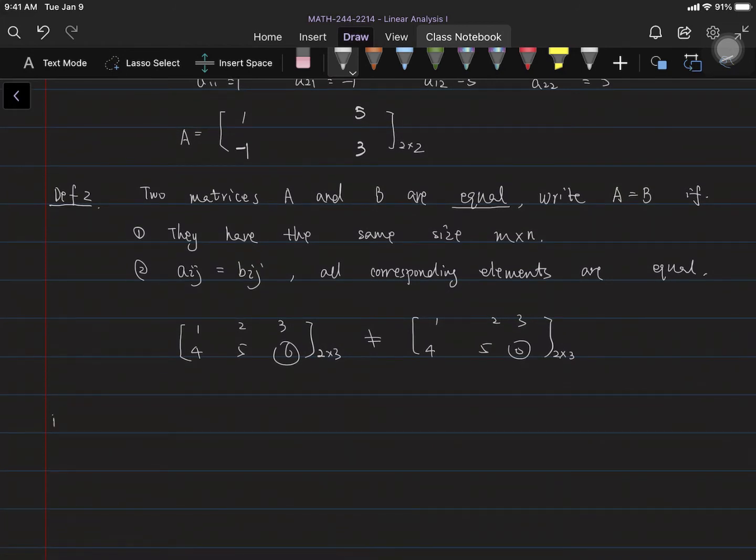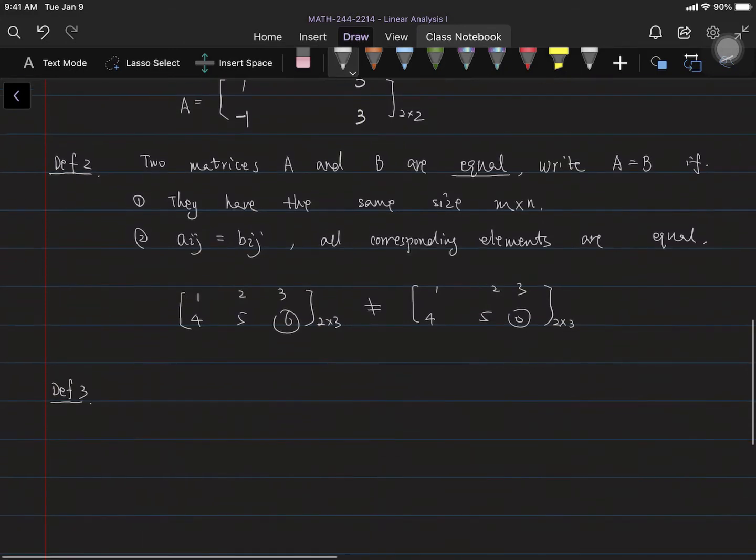Next definition. Let's see. We have a 1 by n matrix. What does a 1 by n matrix look like?